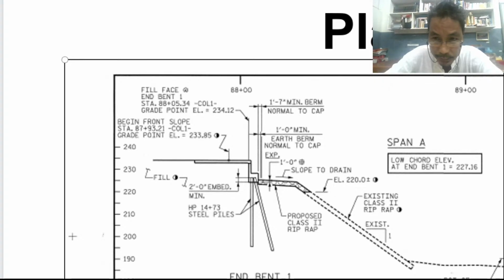So it is referred to as a specific point on Earth, with particular elevation shown. Grade point elevation, that is the particular value of what? 233.85. The first point that we read out is 234.12.